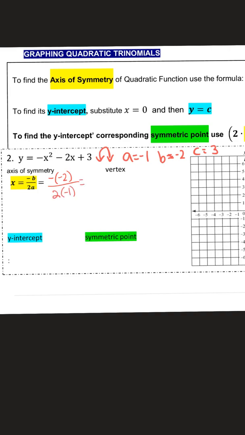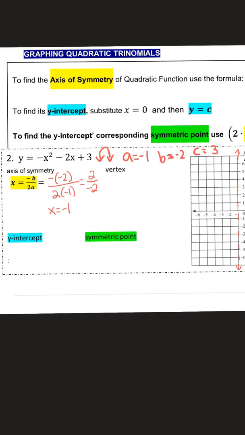Simplify that. Negative times a negative is a positive, so I get +2. And 2 times -1 is -2. 2 divided by -2 is -1 again. So my axis of symmetry here is -1. I'm going to go over to my graph and graph a vertical dashed line through -1.